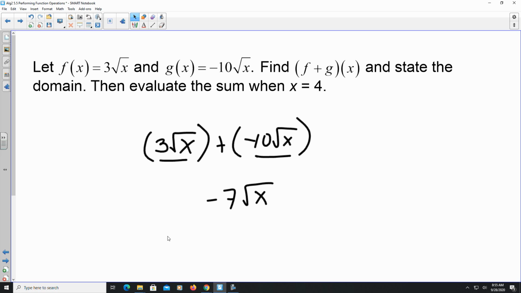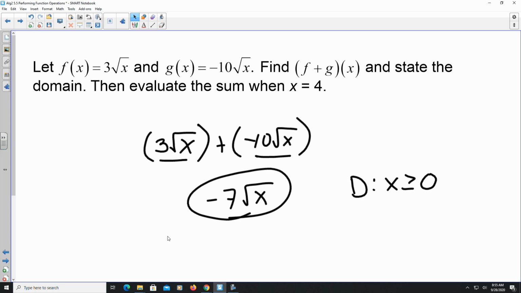There's nothing else to do, so that is our result. The domain in this case is x must be greater than or equal to 0, because if I had any negative number in there, I would get no real solution.